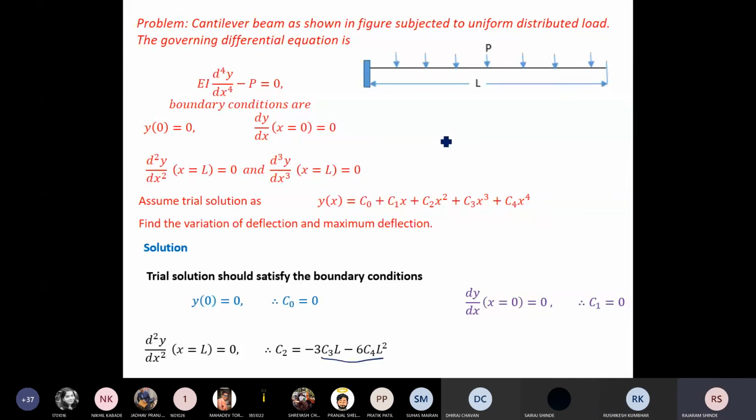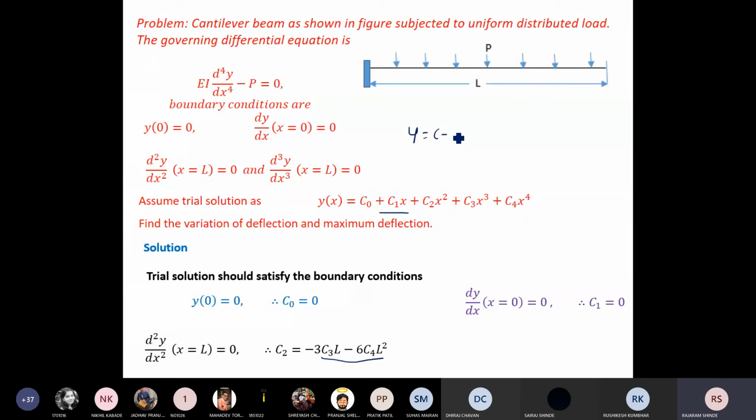Now our polynomial. Now again I will differentiate this, that is the third derivative. Now your polynomial becomes y equal to c1x, c1 is 0, c2. In place of c2, I have to put this one.